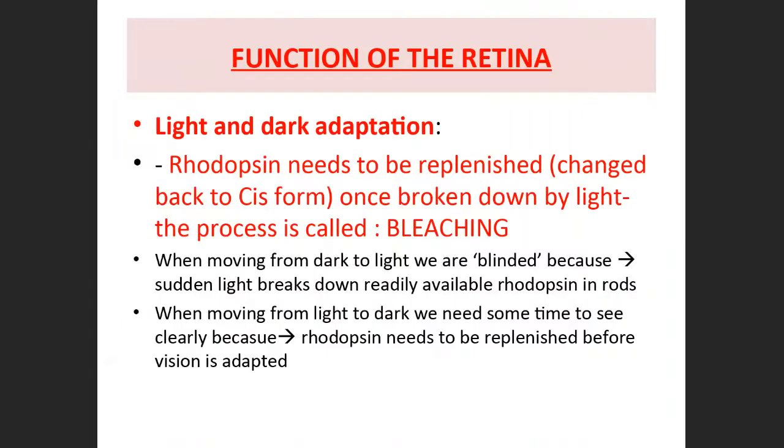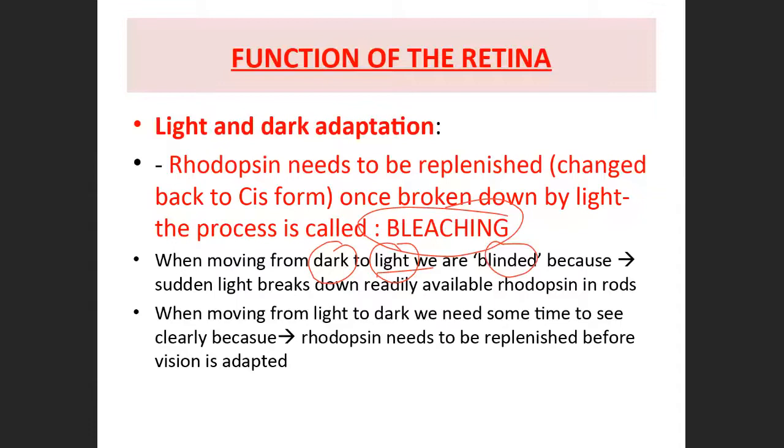So that's what accounts for the light and the dark adaptation that we experience, is this bleaching of retinol. So when you move from dark to light, so you have been in the dark for a long time, that means you have lots of photoreceptors ready to go. You do not have bleaching going on. So if somebody turns on the light, all of a sudden you're blinded.